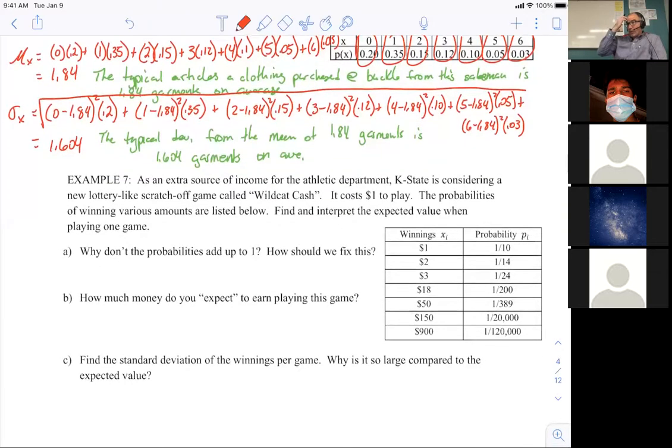Anyway, if we took the time and added 1/10 through 1 out of 120,000, those probabilities do not add to 1 because there's one thing that we're missing. What are we missing? Why don't they add up to 1? What's missing from this?